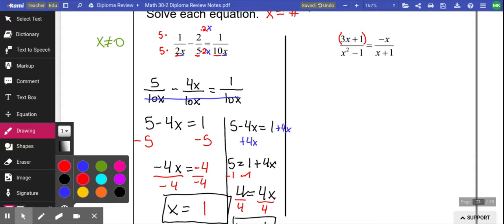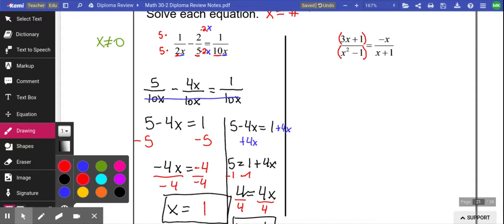In the denominator, I have x squared minus 1. Can I take a greatest common factor out of that? No, there's no letter or number that divides out of both. Could I square root that, though? Can I square root x squared? Yes, certainly. Can I square root 1? Certainly. Do I have a difference, meaning subtraction?